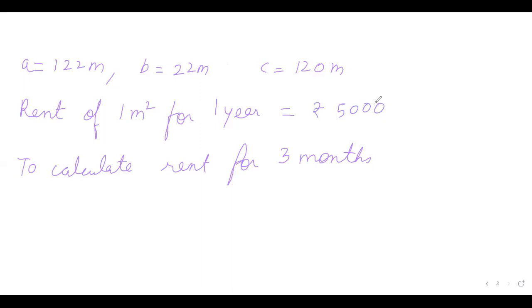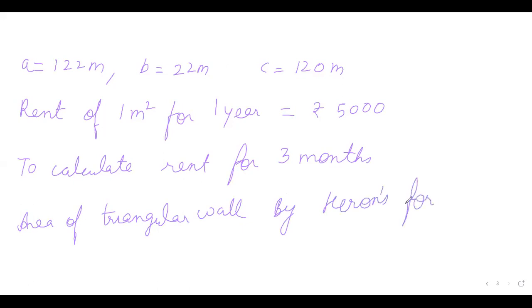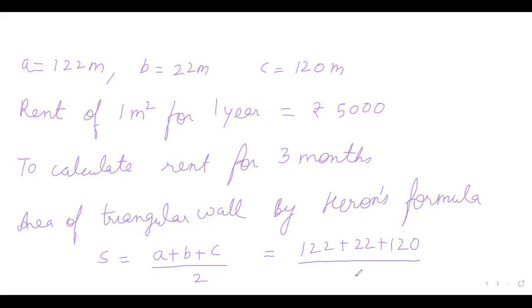Thank you, Divyansh. So firstly, we will be calculating the area of the triangular wall by Heron's formula. Firstly, we will be calculating s. For calculation of s, add a plus b plus c divided by 2. So 122 plus 22 plus 120, divided by 2.